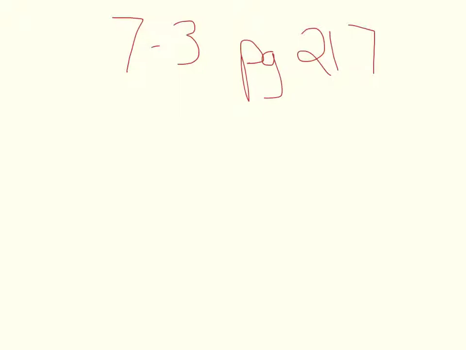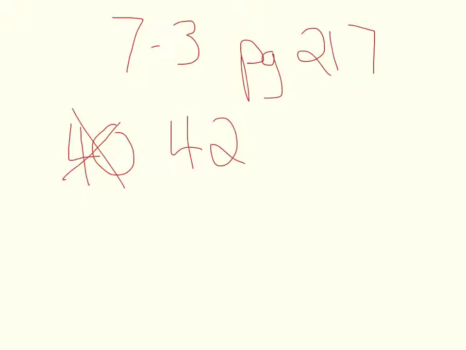I'll give you an example so that you understand a little bit better. Let's say the number 42. Once we write this in expanded notation, you know that here you have the number 40 and here you have the number 2.